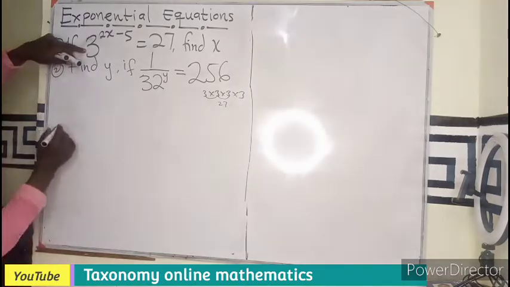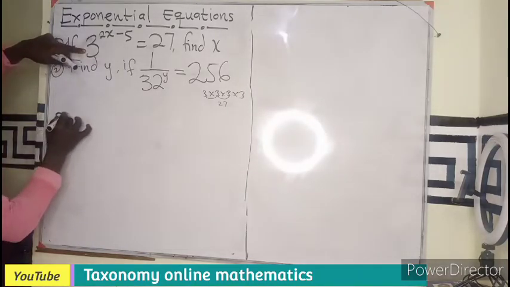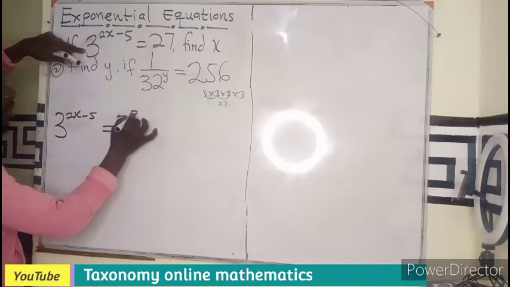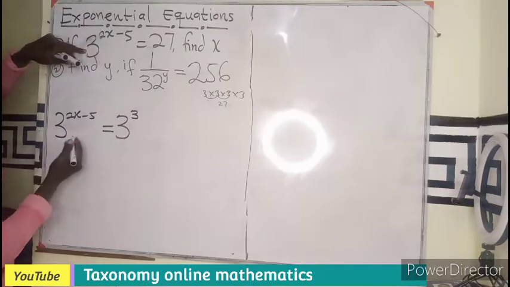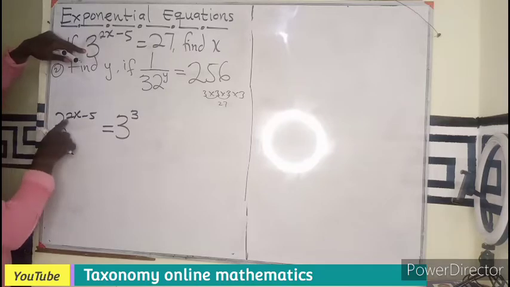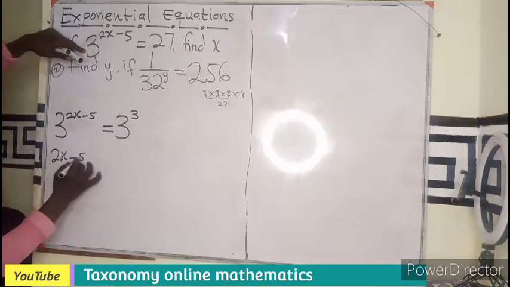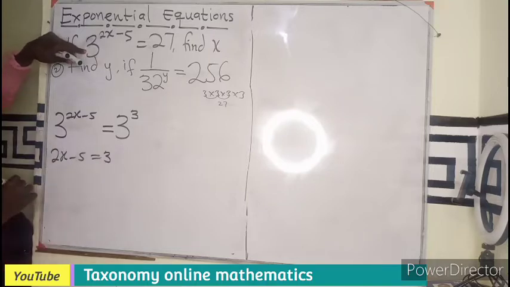So in solving this, it becomes 3 exponent 2x minus 5 equals 3 exponent what? 3. So since the bases are equal, we equate the exponents. That simply means 2x minus 5 is equal to what? 3. Which is just a linear equation.